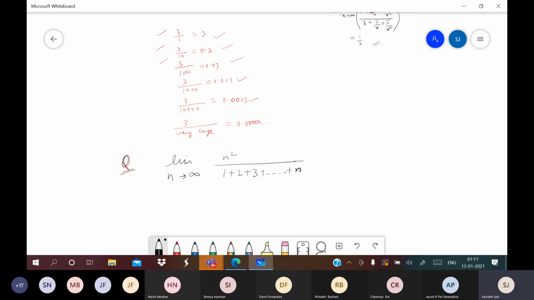Try to evaluate it first. Let me see if you can get the correct answer. It is the limit of n square upon 1 plus 2 plus 3 up to n, and n is tending to infinity.